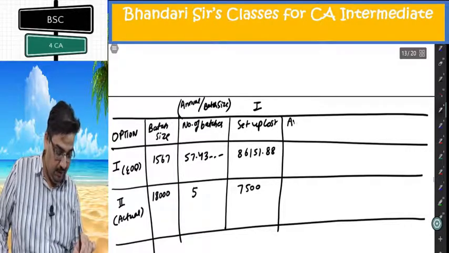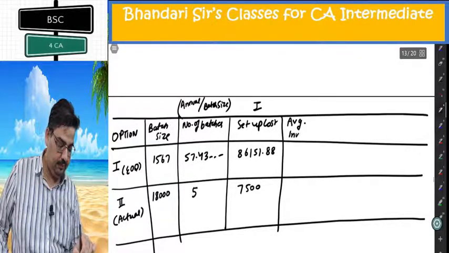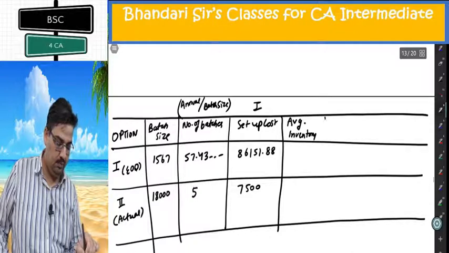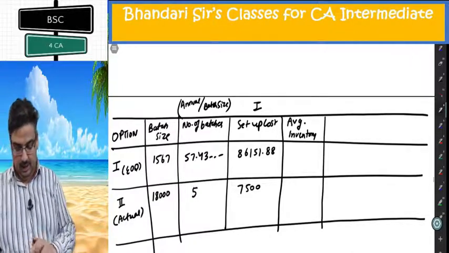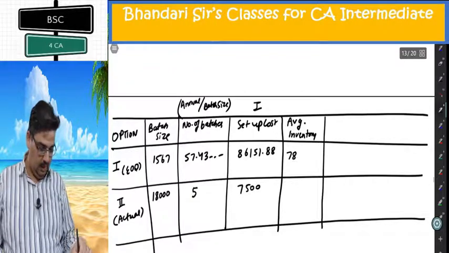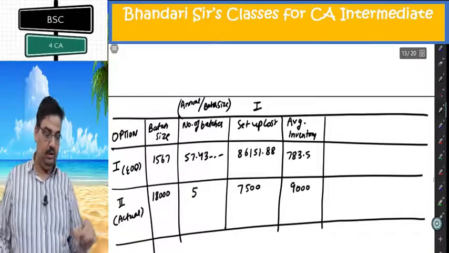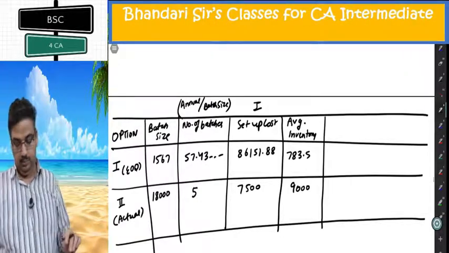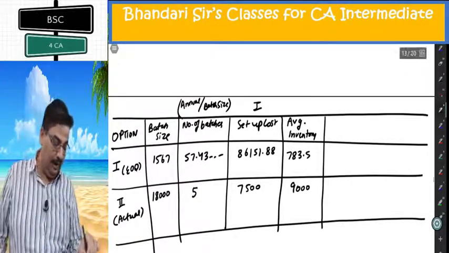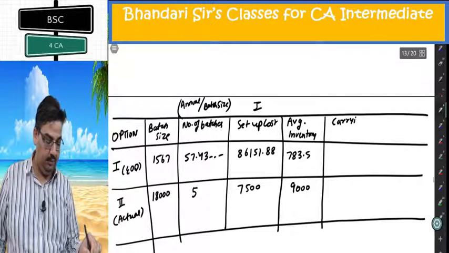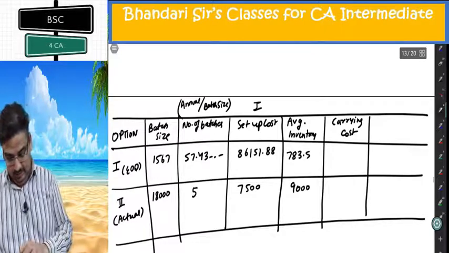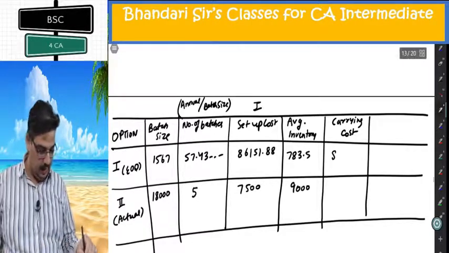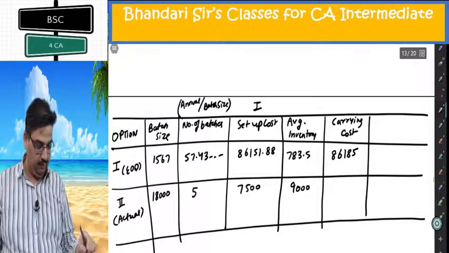Now average inventory. 1567 divided by 2, 783.5, and 9,000. This is batch size divided by 2. Now we computed 110 carrying cost per unit. 110 multiplied by this, 86185.